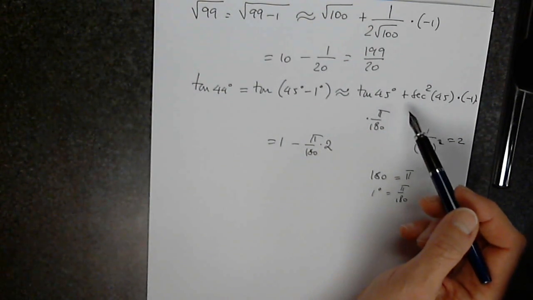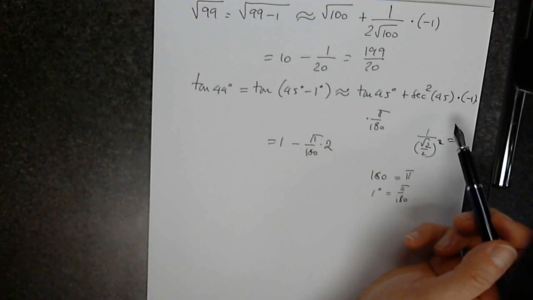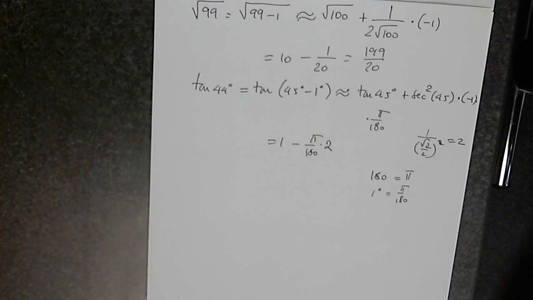Tangent 45 plus secant squared. You think this calculator isn't giving tangent of 44 degrees? So 1 minus 2 multiplied by pi and divided by 180.